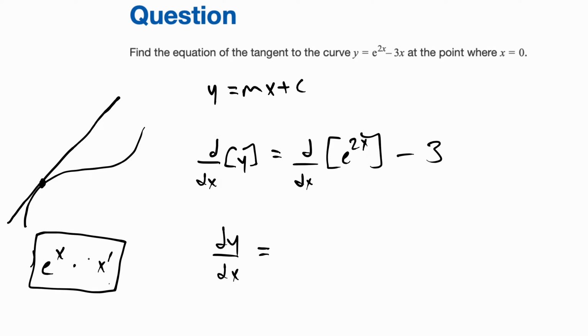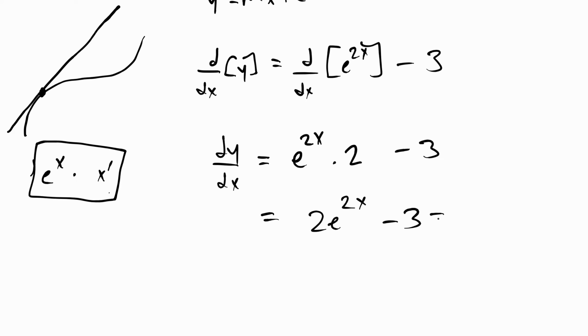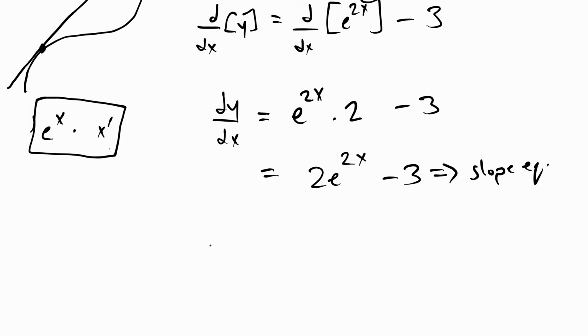So let's use the same thing. So we'll get e to the power of 2x times 2, because 2x differentiated is 2, minus 3. Now further I'll get 2e to the power of 2x minus 3, and this is the slope equation. Now we need to find the actual slope, and they've given us this point, x is equal to 0. So let's substitute that into this equation.